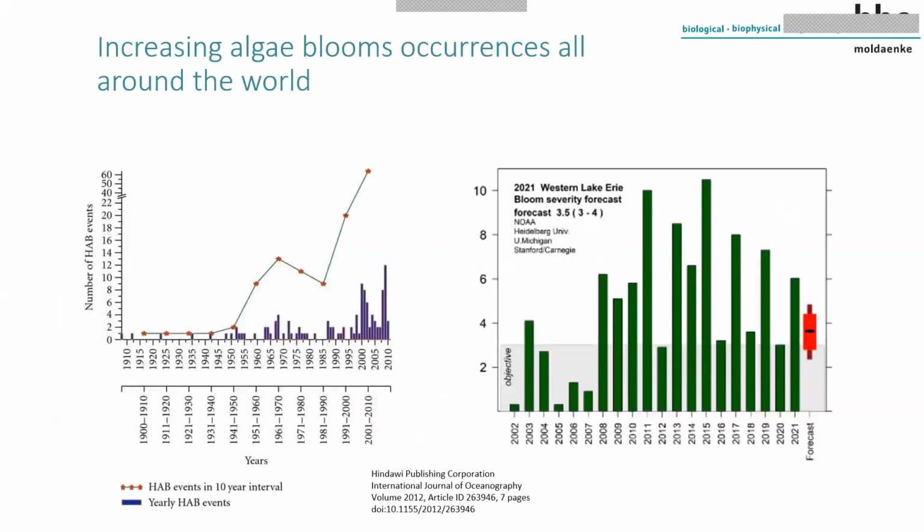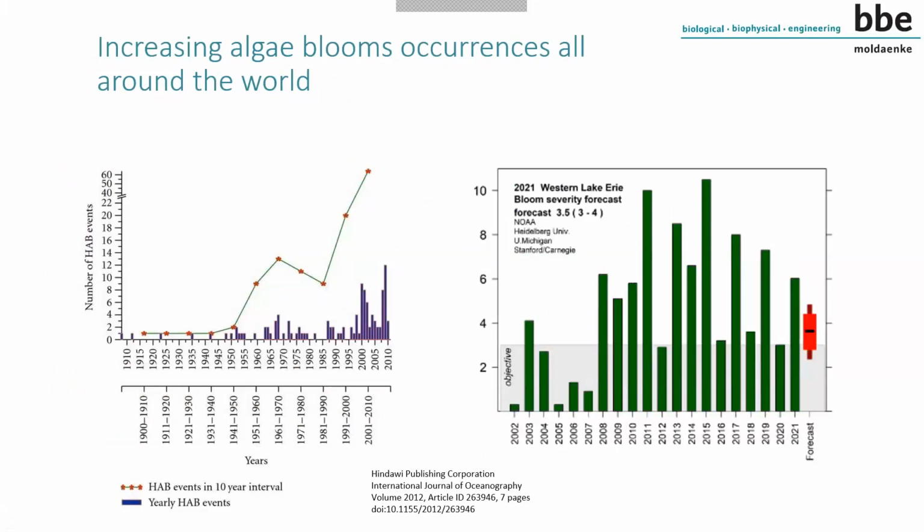In the next slide, I can tell you about two other places. What you see here first is India. It's the frequency of occurrences of algae blooms. And what you can see is an increasing number of algae blooms over the years. That is from India. The other part is again the US.